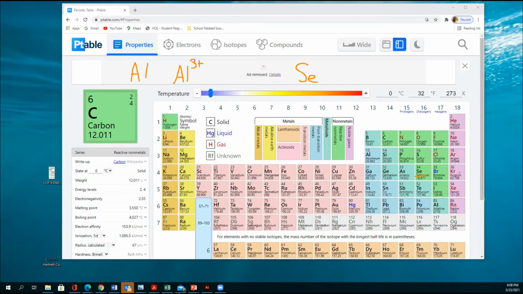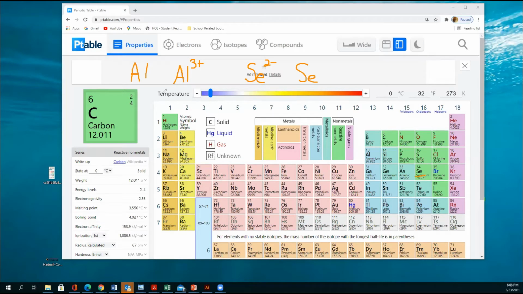It's going to gain 2, so it's 2 negative. The reason it gains 2 is because it's easier for it to add 2 electrons rather than losing all of these electrons to be like argon. So remember, they're lazy just like us.